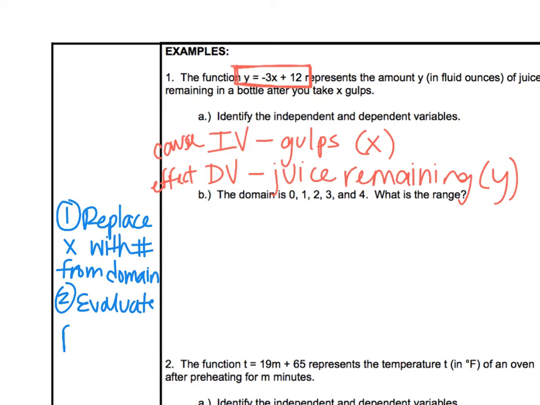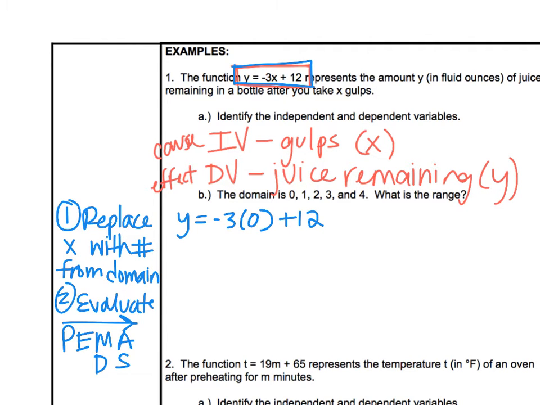So you do that in PEMDAS order. Please excuse my dear Aunt Sally. That order. So I have this equation. I'm going to replace the x with the numbers from the domain to figure out the range. So y is equal to negative 3. Instead of putting x, let's put 0 plus 12.